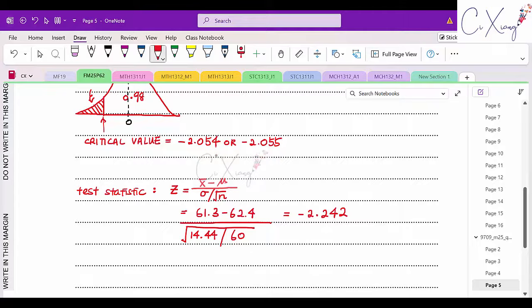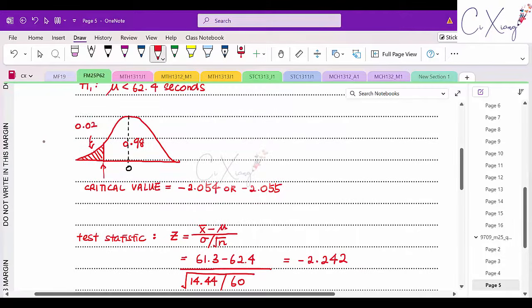So now the fourth step is you need to make a decision. How we make a decision is, we want to put the test statistic into our region here. You need to know that the shaded region that I drew here is actually the rejection region. So the white color part will be the acceptance region. So put this value, negative 2.242, into the diagram.